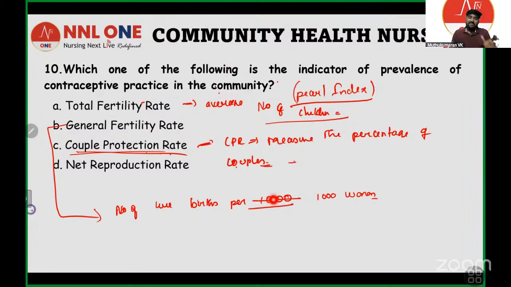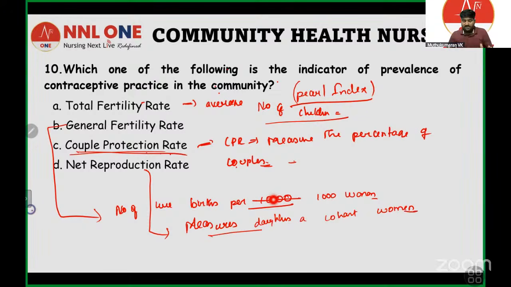Coming on to the net reproduction rate. What does it measure? Come on, anyone? It measures the number of daughters, the female population, a cohort of women would have in their lifetime. It may vary with current fertility and mortality rates, but this is the important thing. It is not the contraceptive practice.